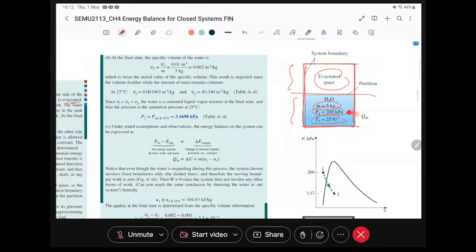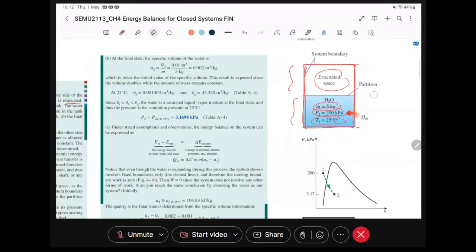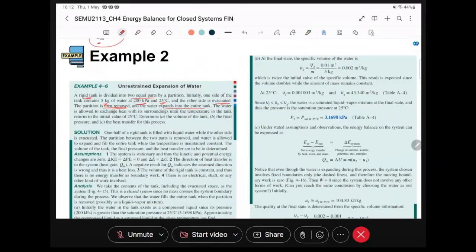Initially there's a partition, and then someone removes it. So what happens is this H2O will try to go to that side, but in a way of expansion. So it expands to the entire tank.